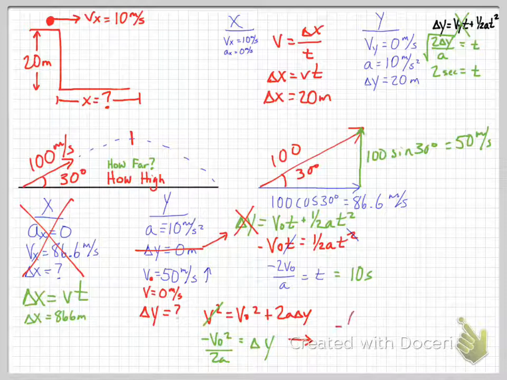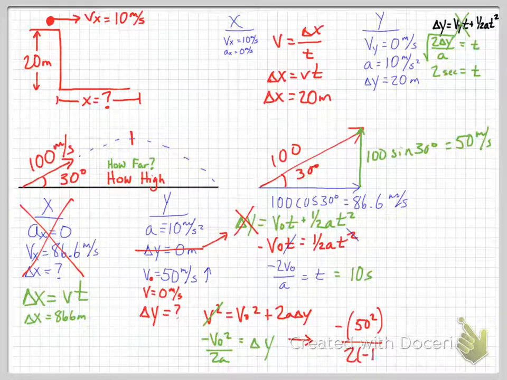So what we'll do is we'll plug in our 50 into a parentheses squared and then put the negative outside of that parentheses. And then down on the bottom we put 2 times a negative 10. What that will do is allow our negatives to cancel each other out. 2 negatives will make a positive, and that equals the change in y at 125 meters.